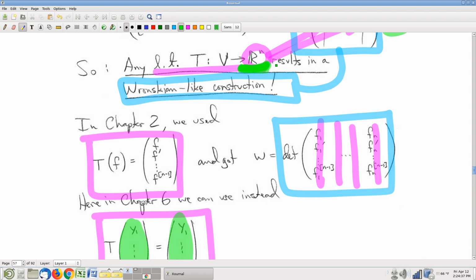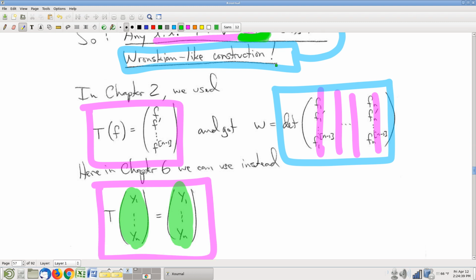What can I do to a vector to give a vector? How about we don't do anything? Let's just leave it there. The action of doing nothing, remember, is a linear transformation. So the identity transformation is what we plug in to create our new Wronskian of vector-valued functions.